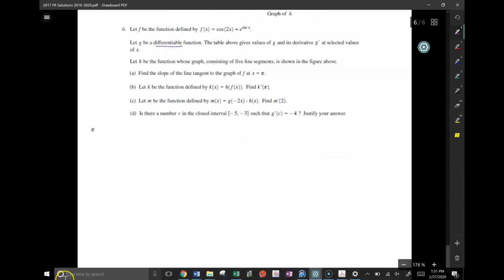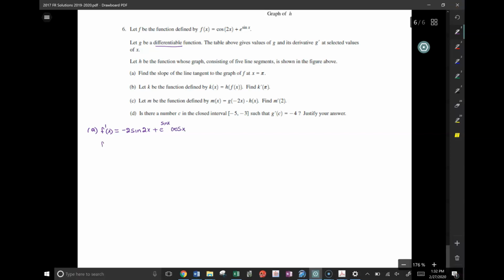Alright, so for part A, f prime of x is equal to, alright, so there's some chain rule here. So that's going to be negative 2 sine 2x plus e to the sine x cosine x. Right?